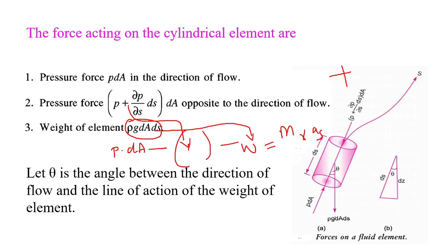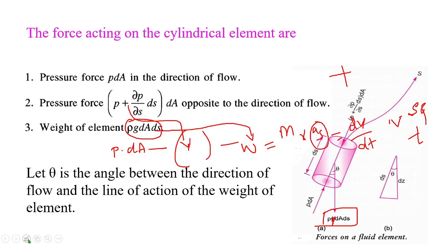If we divide the weight by g, this is the mass, that is rho into dA into ds, into as. So what is this acceleration? As is nothing but the rate of change of velocity dv by dt, correct? But here the velocity v is a function of s and also the time t.